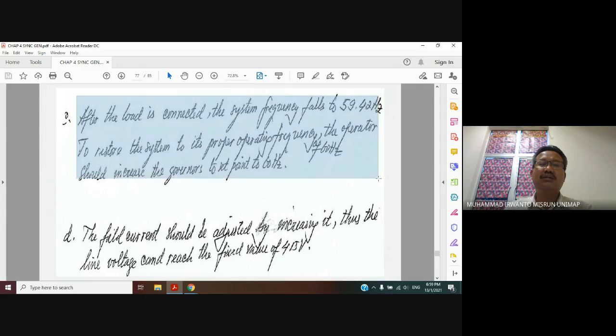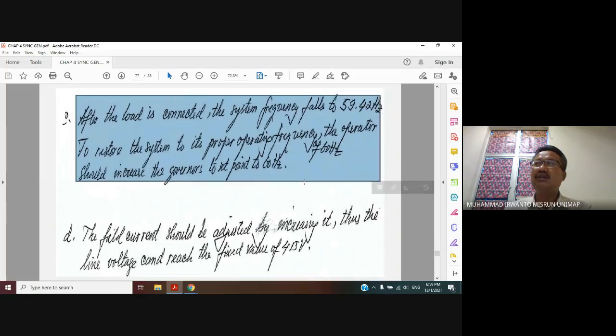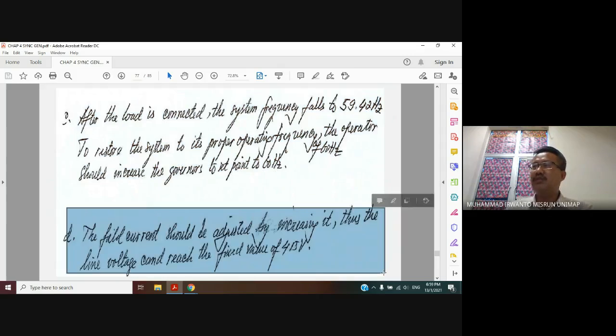So remember, the operator should, for the turbine, steam turbine or water turbine, add the water or add the steam on the controller, for the governor, until the system frequency for both generators is 60 hertz.